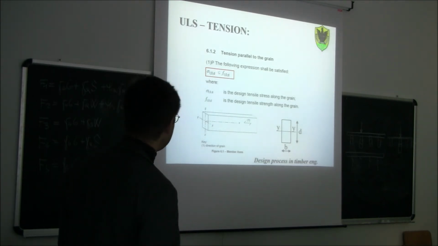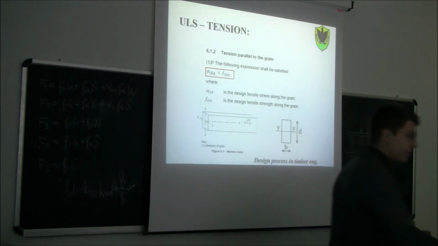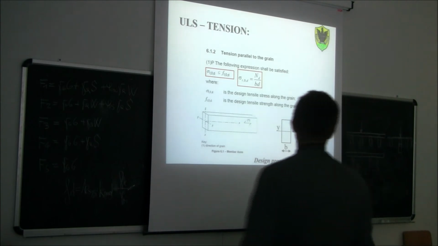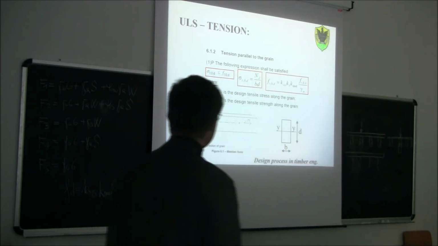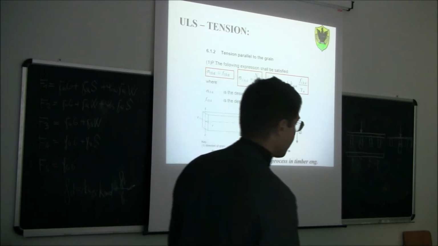Sigma is the stress, t stands for tension, 0 stands for parallel to the grain, and d stands for design, due to the design effect. This must be less than or equal to the tensile strength of wood parallel to the grain. Sigma_t,0,d we calculate very simply by dividing the axial force by the cross-sectional area, while f_t,0,d is given by this complete relationship.